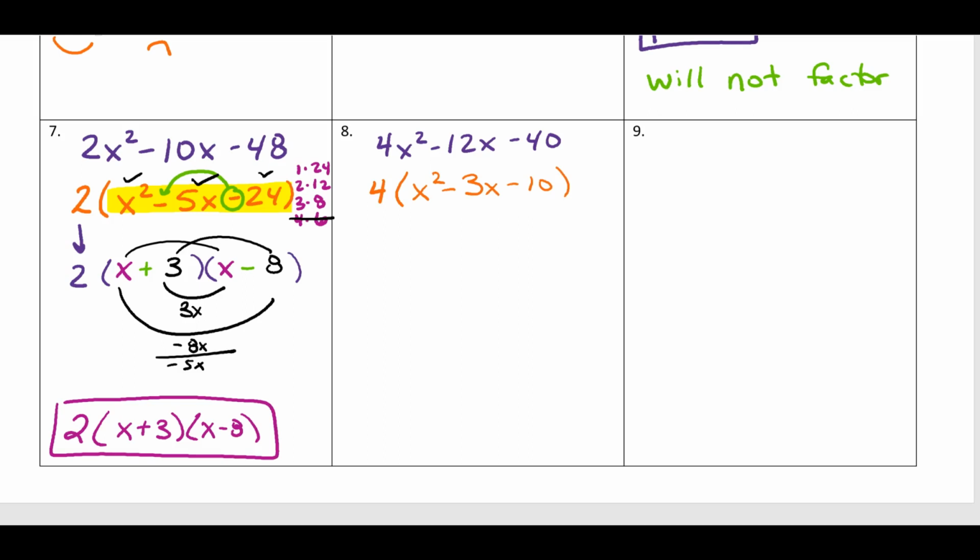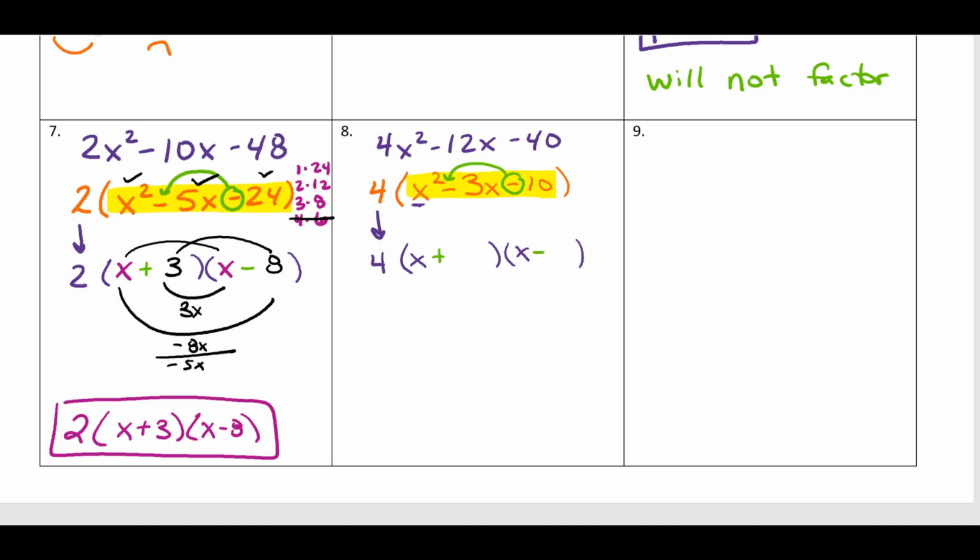Now, remember, we're only looking at what's inside the parentheses here. We're going to factor that. So we're going to simply bring down the 4, write our factor pairs. x times x is going to be x squared. Looking at our signs here, that's a minus, so that means they're different: plus and minus.